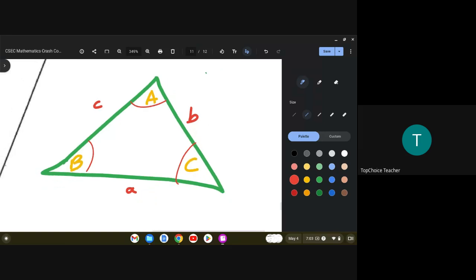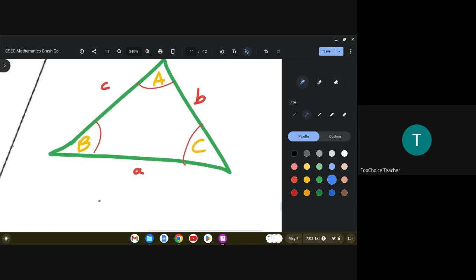Now that we have an understanding of how the triangle looks, we need to figure out when to use the sine rule and the cosine rule. I will tell you the sine rule first. Let me write down what the sine rule is quickly.